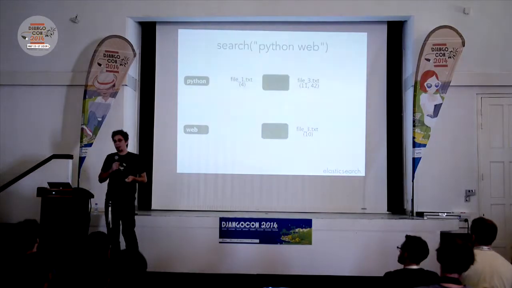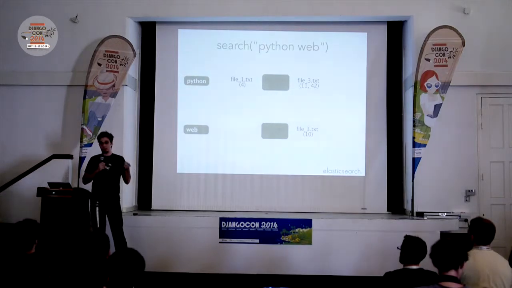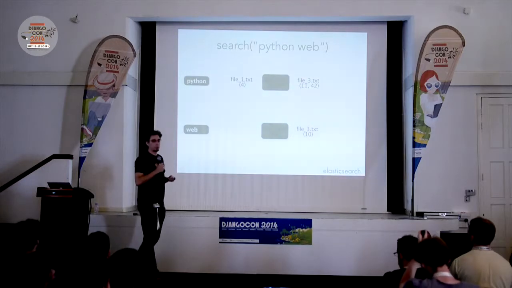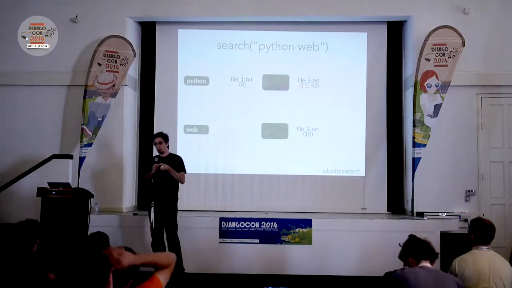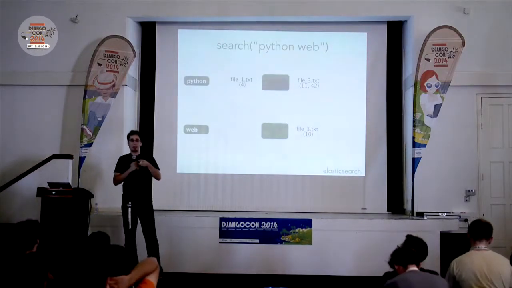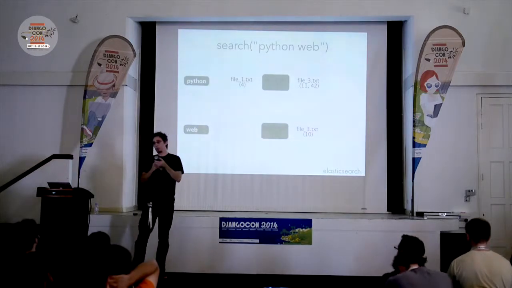So now, when I do a search for a phrase Python web, and I mark it that it's a phrase, I'm just merging 2 sorted lists. But now I will not be satisfied with just the same document ID. I also need the offset, the difference between the positions of the term Python and of the term web, to be exactly 1.